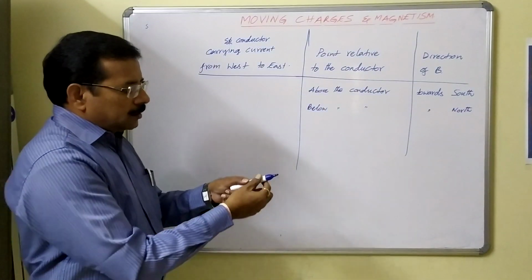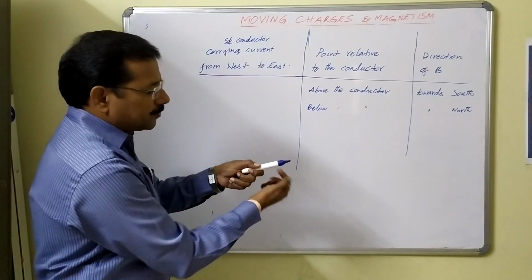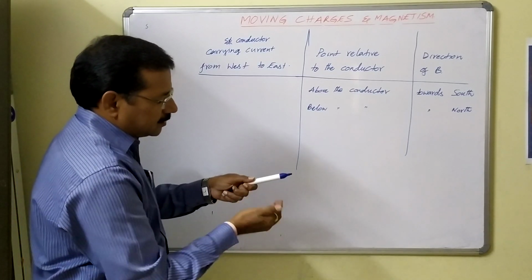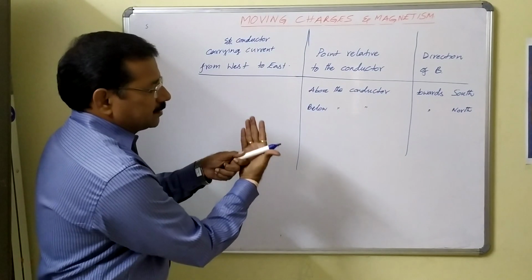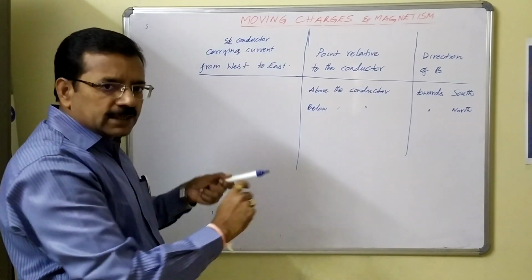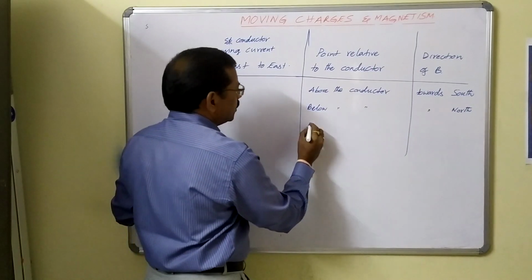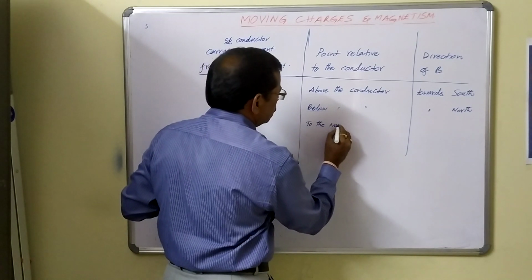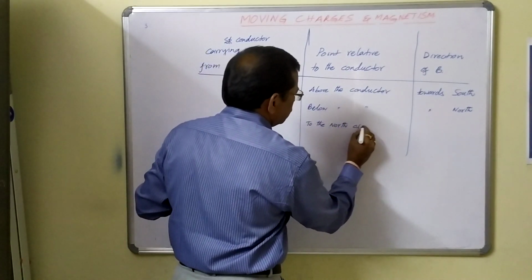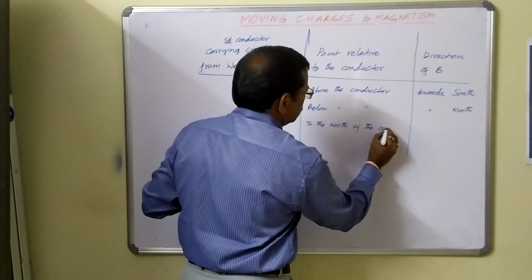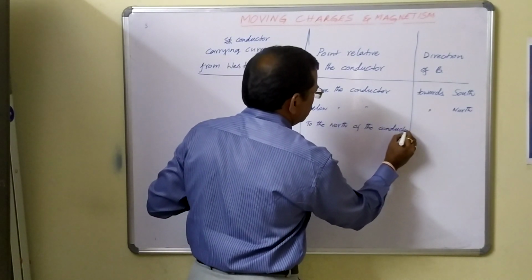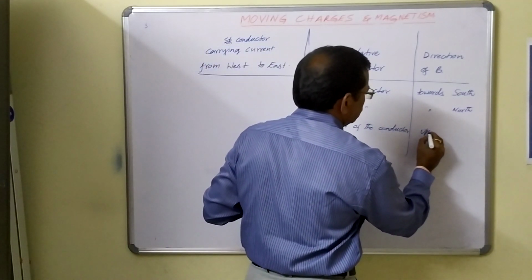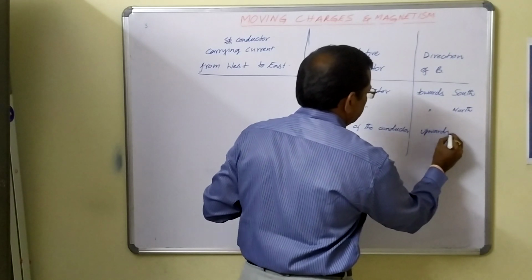Okay. Now consider a point to the north of the conductor. Somewhere here, the field lines curve like this. At this point, if you draw a tangent, the tangent will be vertically up. So at a point to the north of the conductor, magnetic field induction is upwards, vertically up.